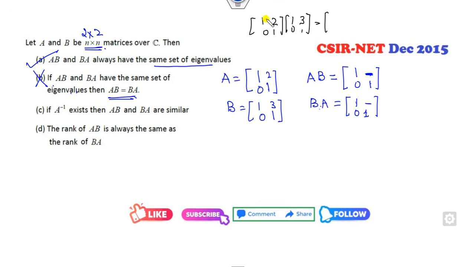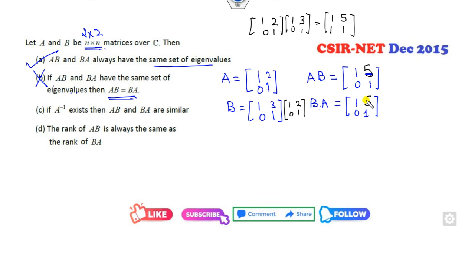So what will happen if you multiply them? 1, 3 plus 2, 5, 1 and 1. This is 5. Now if you multiply B into A, 1, 2, 0, 1, it will be 1, 2 plus 3. It's again 5. No, that's the same. That's the same value. So can you think about any other example?